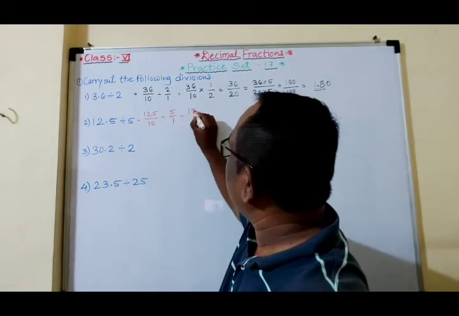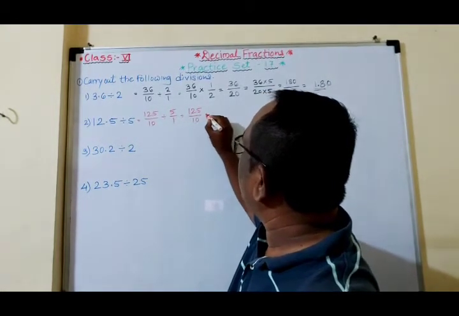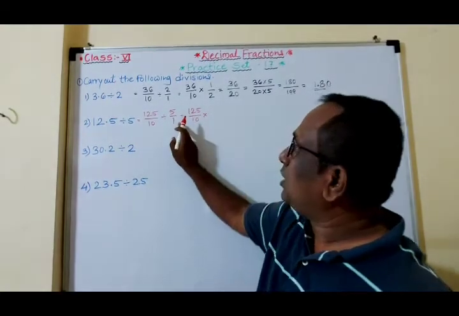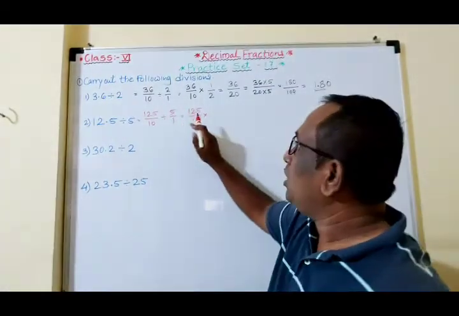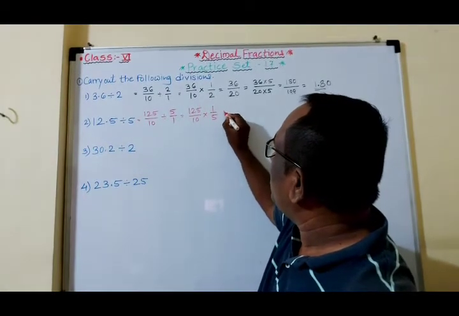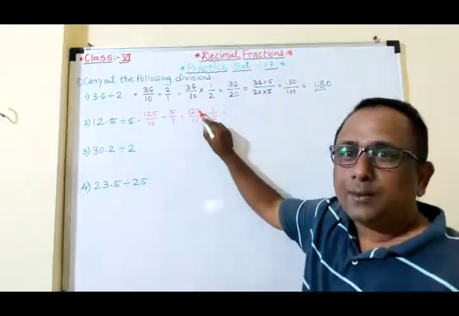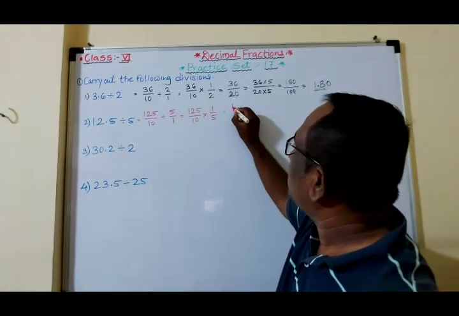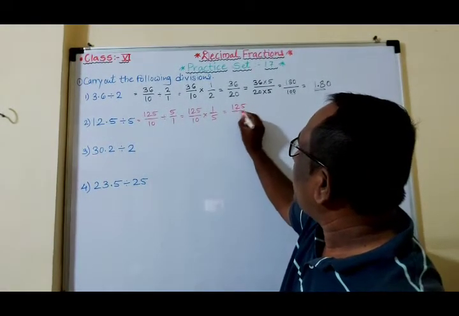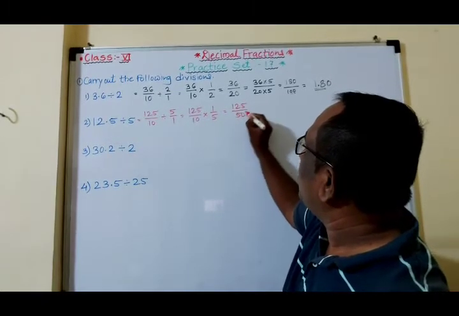Again write the first fraction, multiply by, we have to write the reciprocal of 5 upon 1. So reciprocal of 5 upon 1 is 1 upon 5. Okay. So now we have to do the multiplication. 125 multiply by 1, that is 125. 10 multiply by 5, 10 fives are 50.